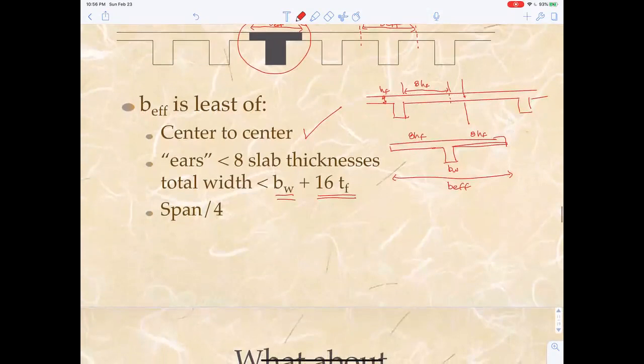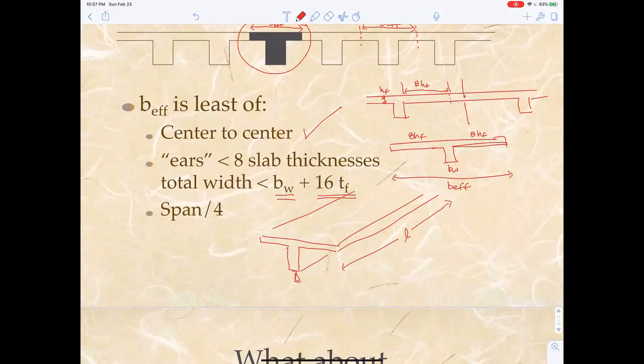So let's see if I can draw this. So you got this T-beam, and then you got this span length going like that. And this distance to the next support, so from this support to the far support, we'll call that L. It takes some time for the compression zone to expand out.